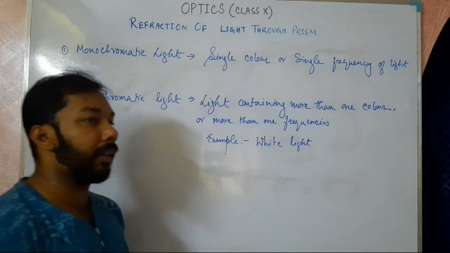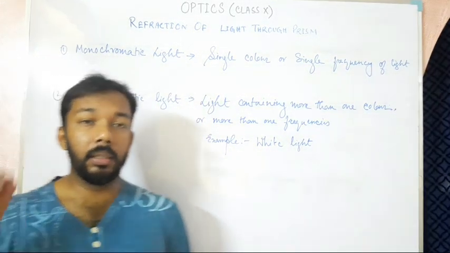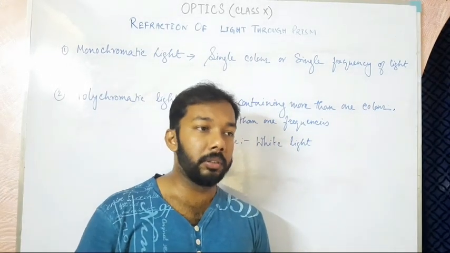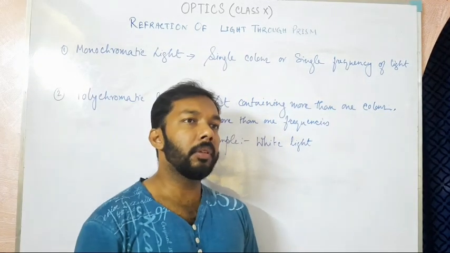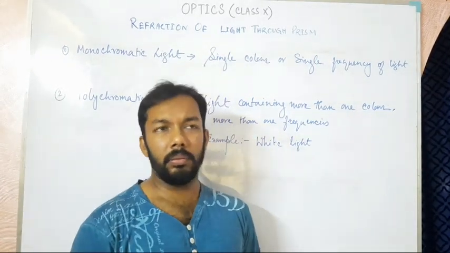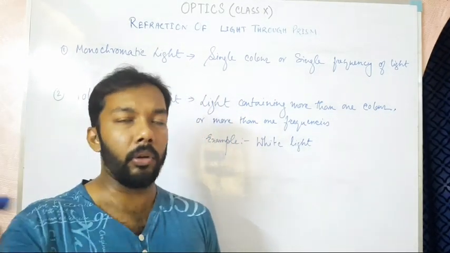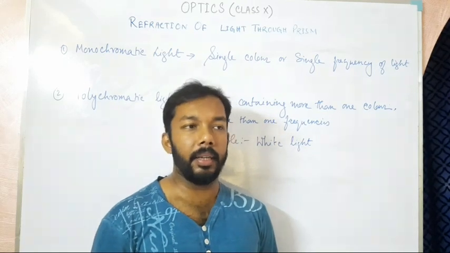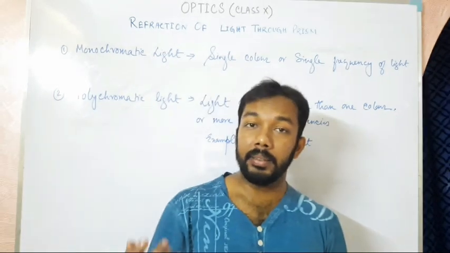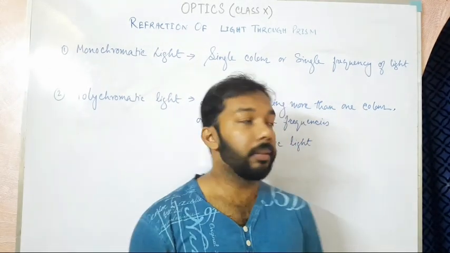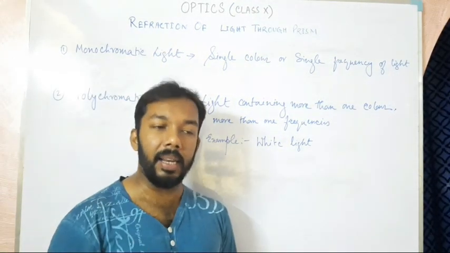Now you can see that after the rain, when sunshine falls on the sky from behind, from your back, the droplets in the water vapor that are floating on the sky, they refract the light and produce a rainbow. So there are 7 colors that are coming from the white light. Hence we can say that a white light has 7 different colors.